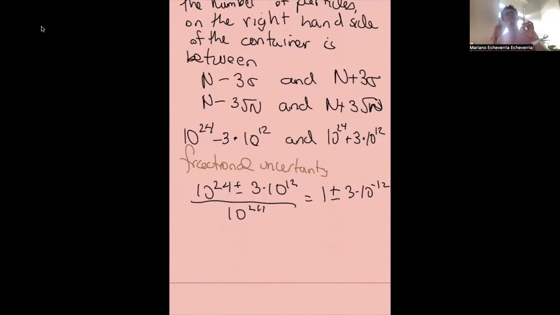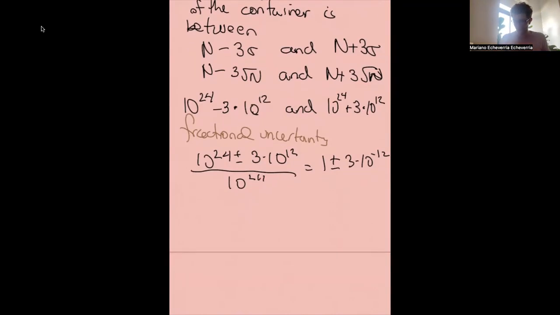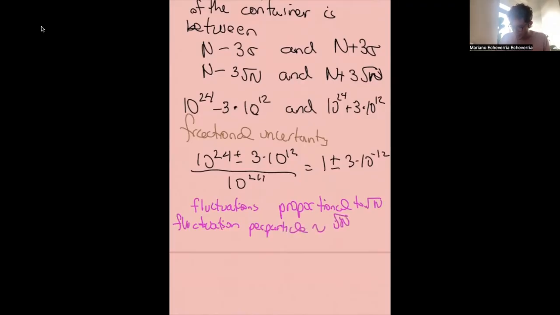So the fact that the fluctuations grow with the square root of n looks like a lot, but it's only because you're not thinking about it as a fraction. As a fraction, it's actually decaying, right? If the fluctuations are proportional to the square root of n, then the fluctuation per particle, if you want to call it that, I don't think that's a standard name, would be root of n over n.